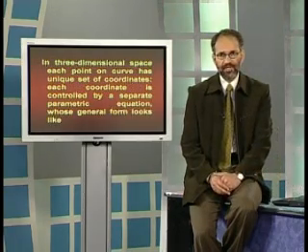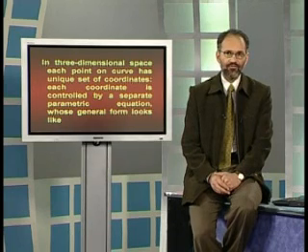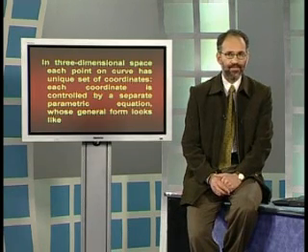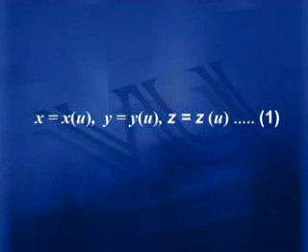In three-dimensional space, each point on curve has unique set of coordinates. Each coordinate is controlled by a separate parametric equation whose general form we have already seen. x is equal to x of u, y is equal to y of u, z is equal to z of u, which means that x is a function of independent variable u, independent parameter u.